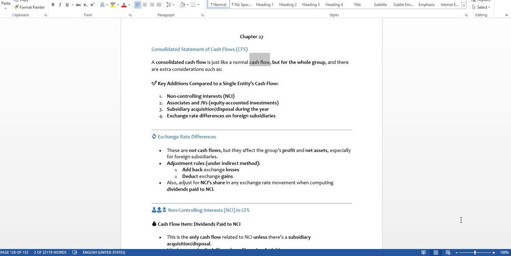So how much am I paying in naira? 900,000 naira. Now, the difference between them is the exchange difference.